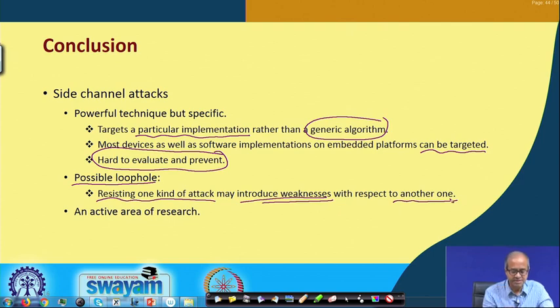Okay. This is in fact a very active area of research, many people are working on this, and this side channel attack resistant design, hardware security, has become a very hot topic of research nowadays. Okay.